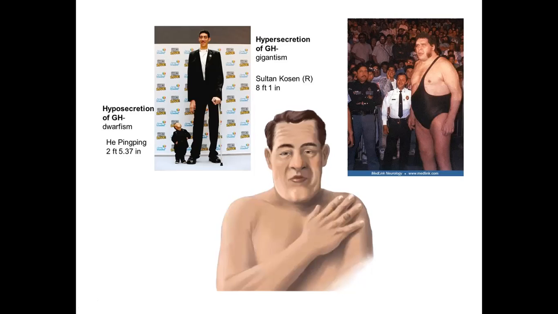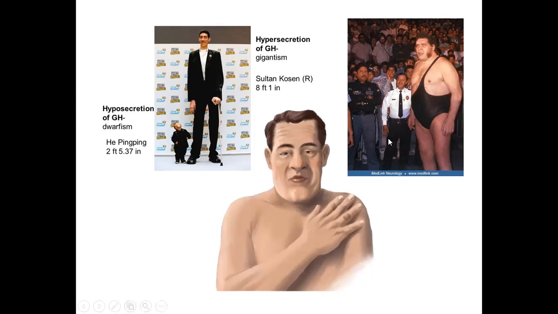So he only grew to a little over 2 feet. Whereas this guy, Sultan Kosen, on the right of this first picture, he grew 8+ feet because his growth plates were still open. So all of his bones got extremely long before his growth plates closed.